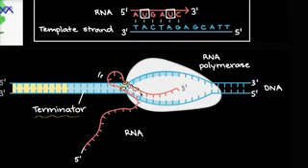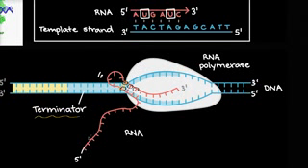And so the complex changes a little bit, and it lets go, or at least that's how people believe it. There's other forms of how the terminator can act. It might be sequences that parts of the polymerase complex recognize, and it makes a conformation change so that the RNA polymerase lets go.